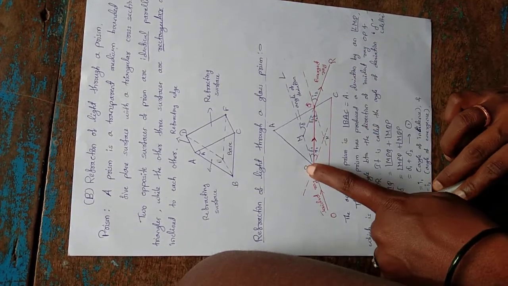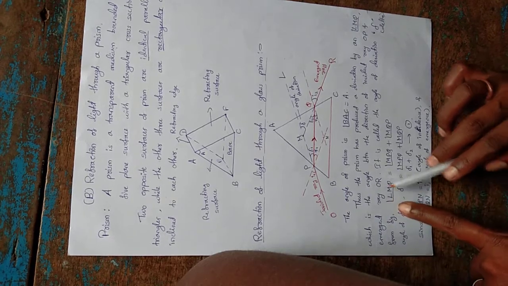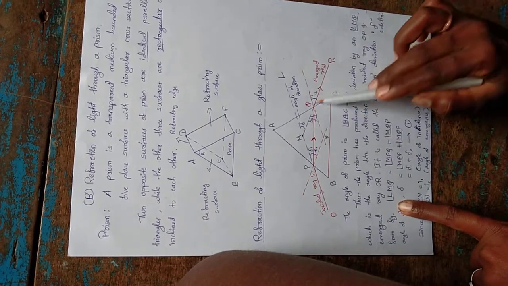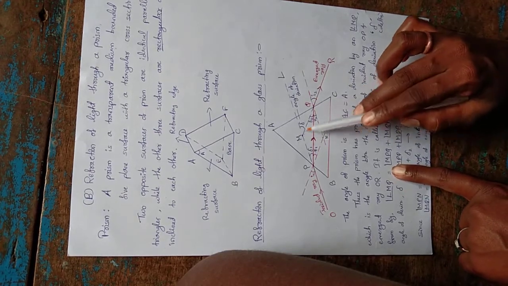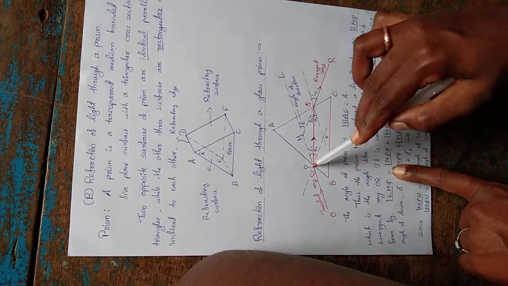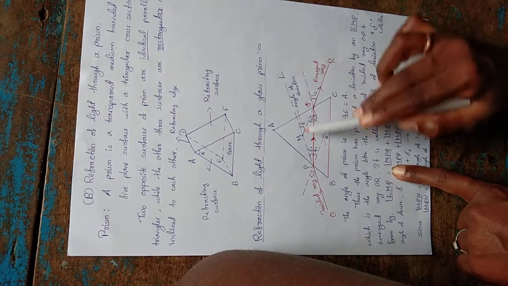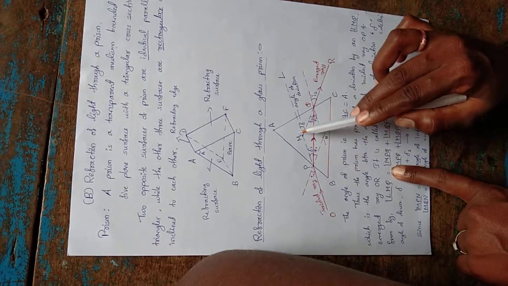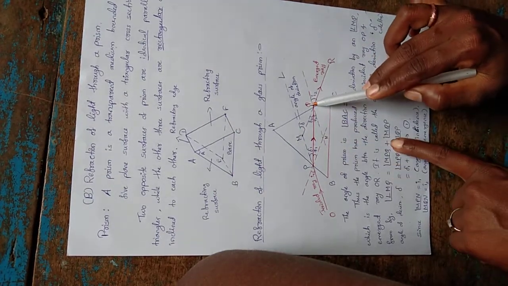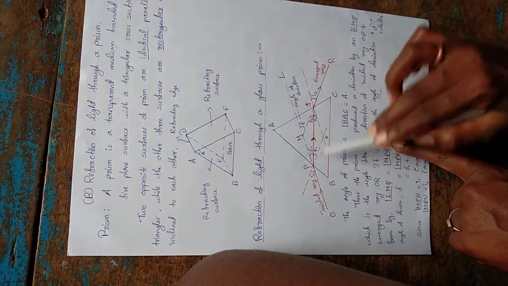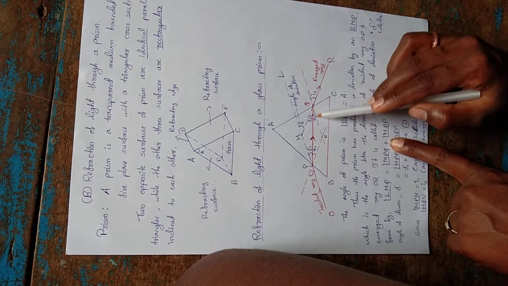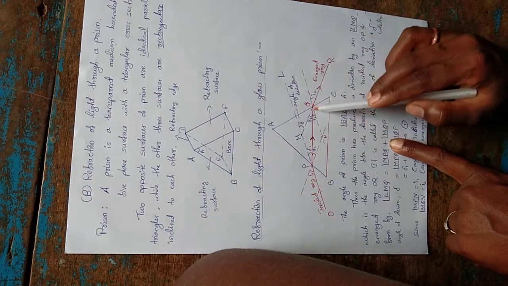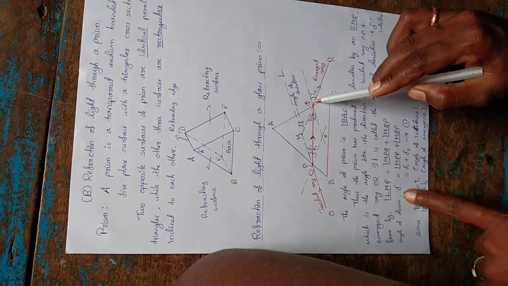From the figure, angle LMQ is equal to MPQ plus MQP. This angle and this angle together equal this LMQ angle.